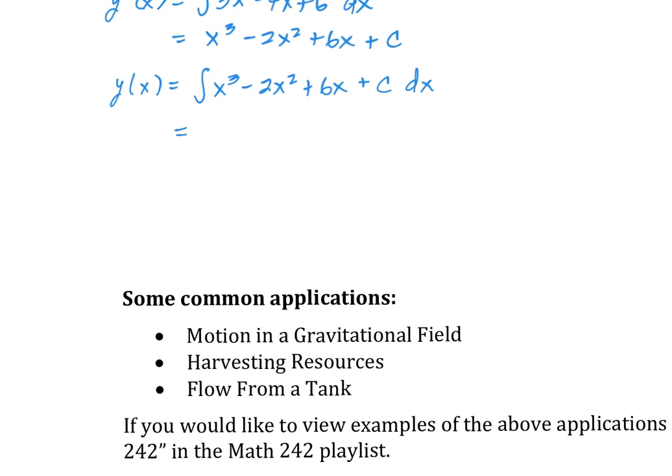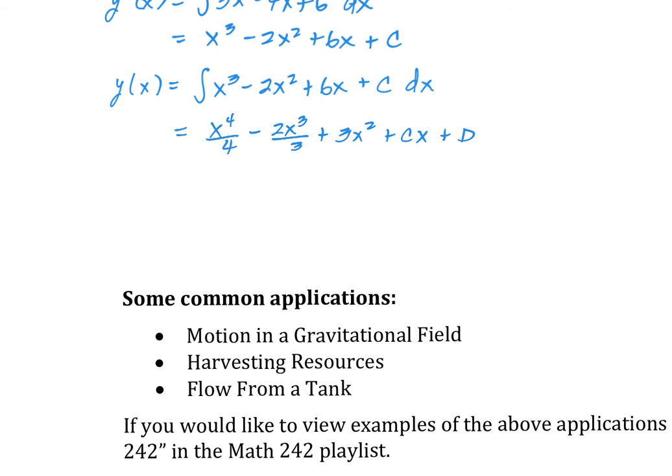This is going to be x to the fourth over 4, minus 2x to the third over 3, plus 6x squared over 2, which should be 3x squared, plus c times x, plus another constant, I'm just going to use d.